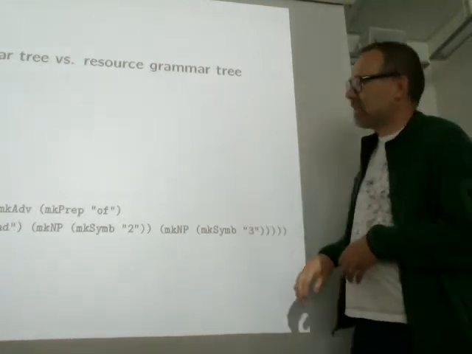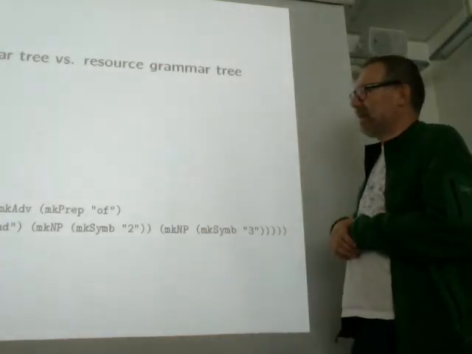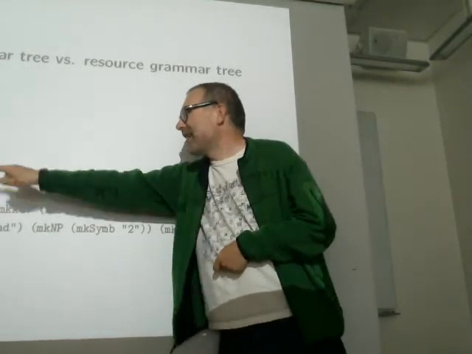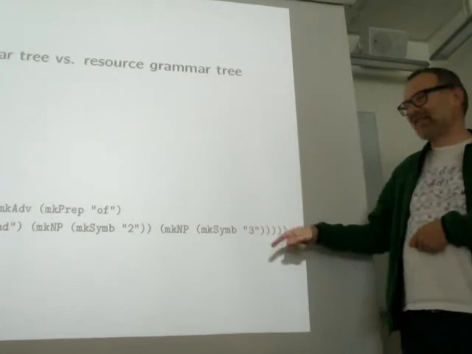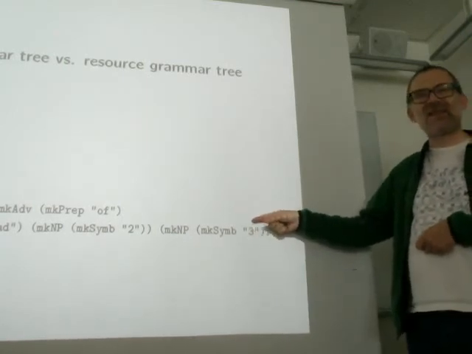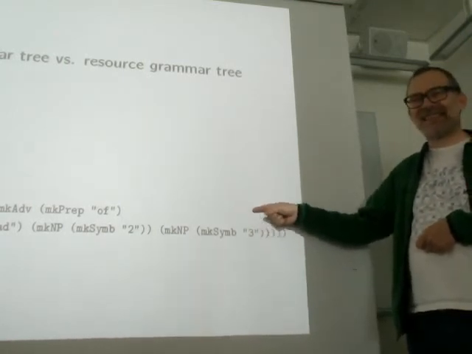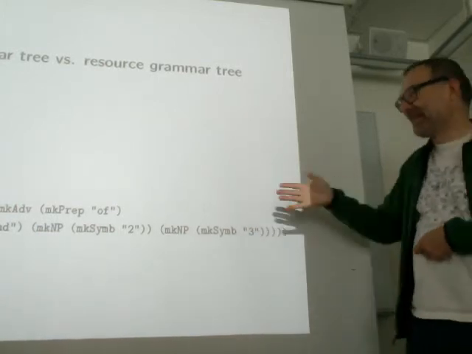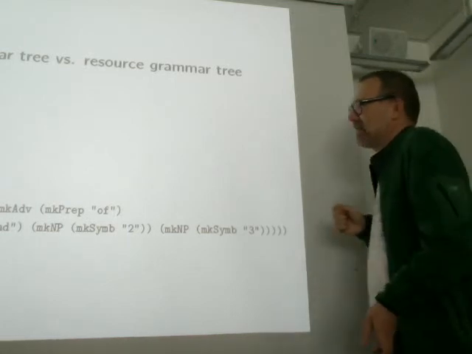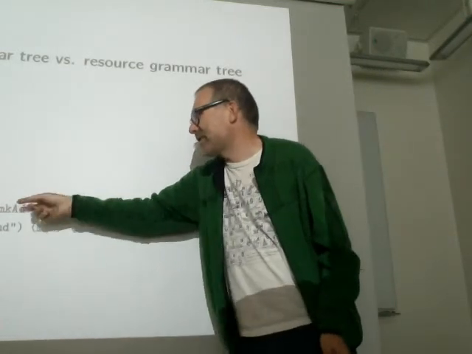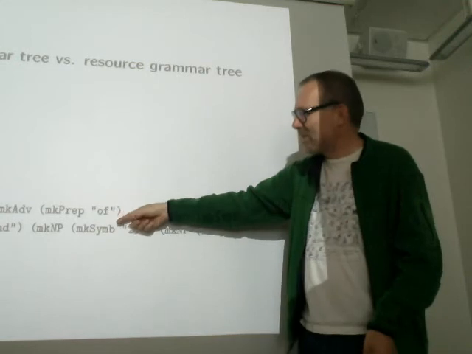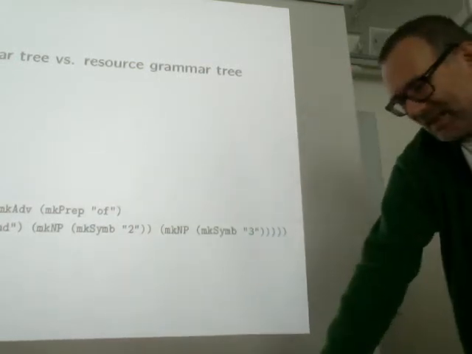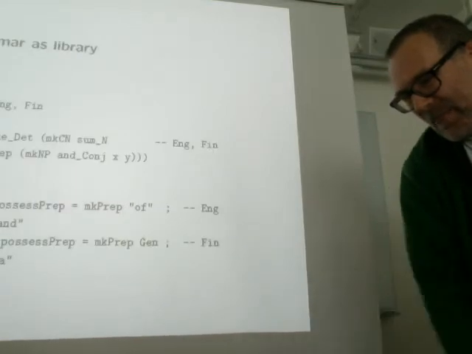And now I think it's quite obvious that if you want to do translation, this is a good candidate for an interlingua, but this is not, because you may have to change the low-level syntactic structure when you are translating. So the good translation goes via this rather than via this, but we use this in order to define the concrete syntax in a compact and easy way.